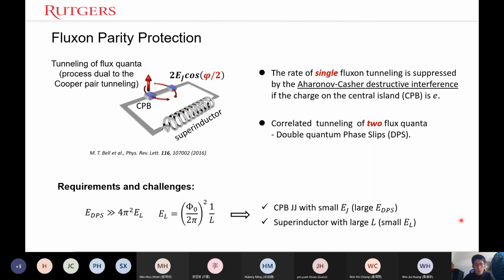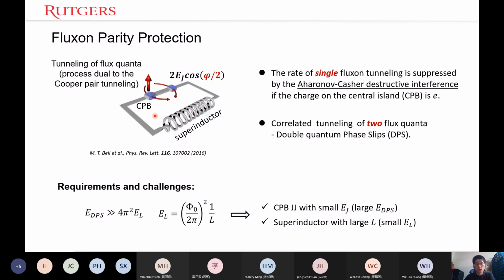So let me quickly walk through the physical mechanism in our system. In the Bifluxon qubit, the mechanism of fluxon-parity protection comes from the so-called Aharonov-Casher effect, where individual flux quanta can tunnel through the junctions with a not too small ratio of EJ over EC.